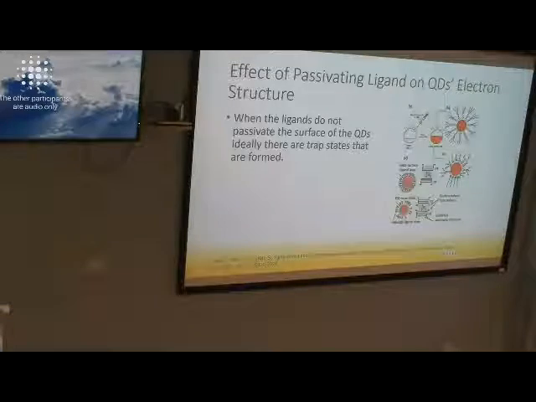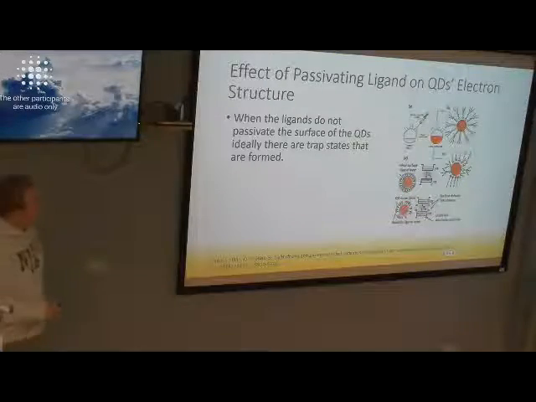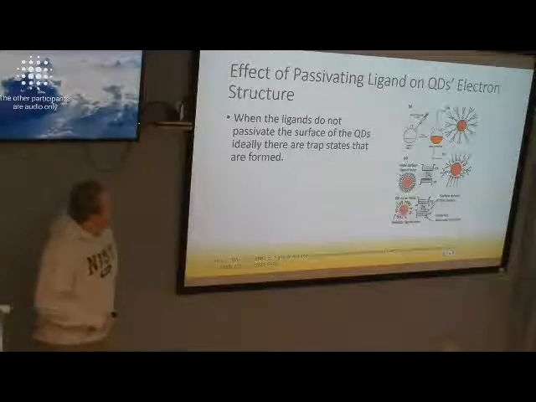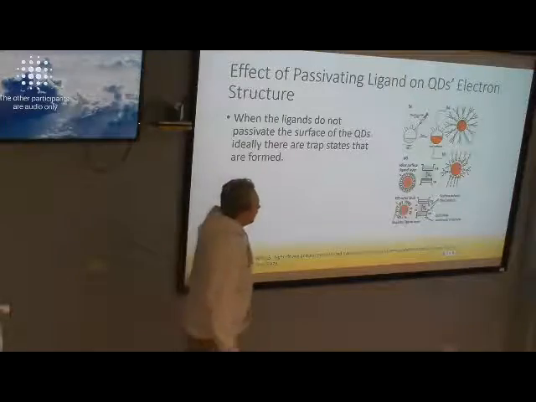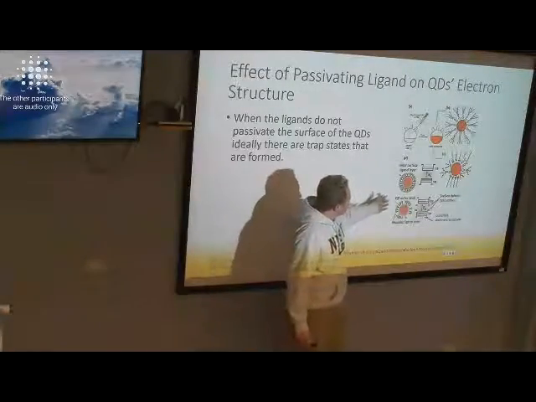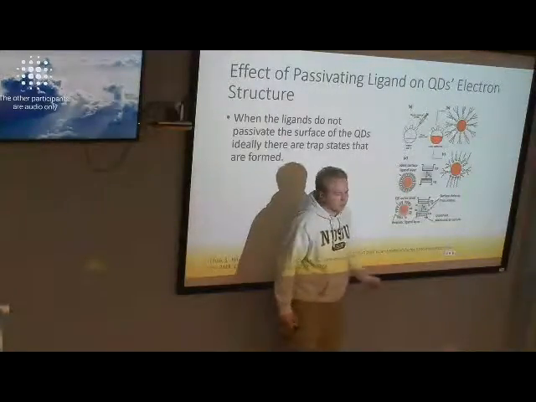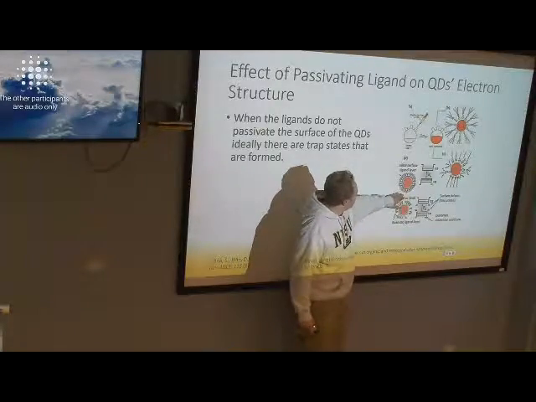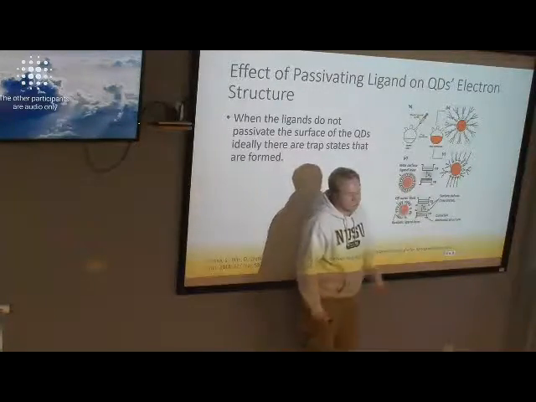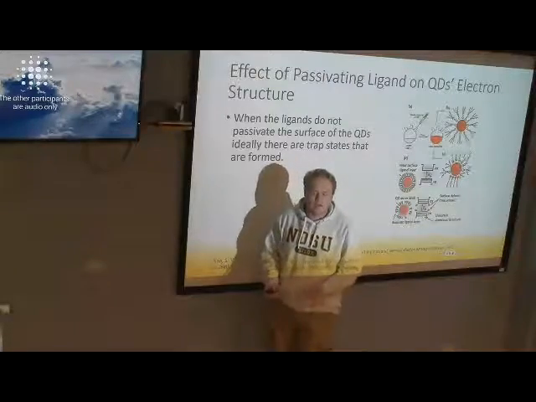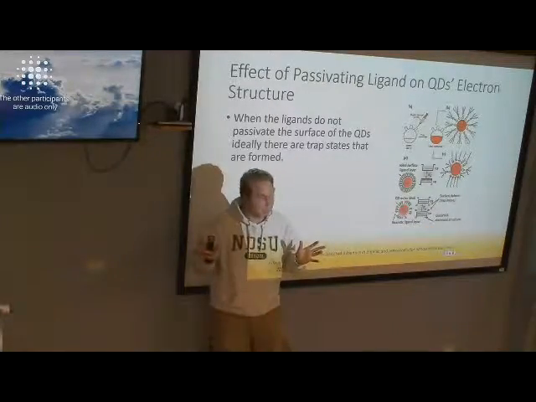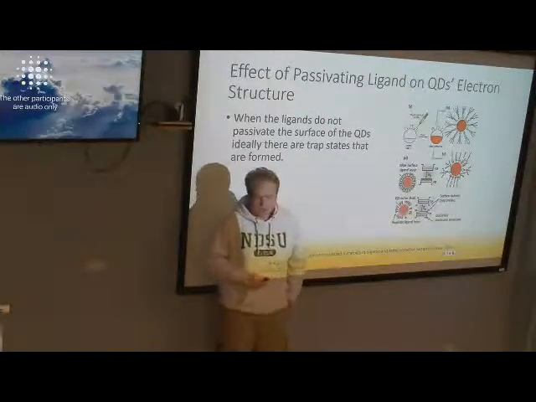If you've been around the Kalina group long, you've seen this image many times. This is the curse and blessing of quantum dots. Ideally, we want the quantum dot completely passivated so that there are no trap states on the surface because of dangling bonds.